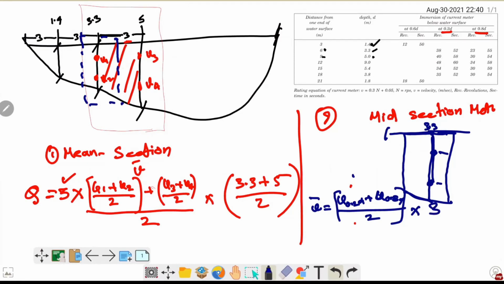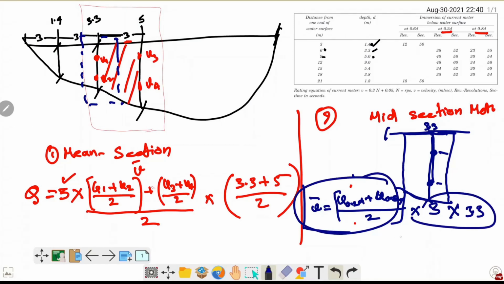So it's going to be 3 times the depth, 3.3. This is how we calculate. This is the velocity, this is the area, and when you multiply them you get the discharge for this section. So this was for mean, and this was for mid. Likewise you can continue the calculations and complete this.